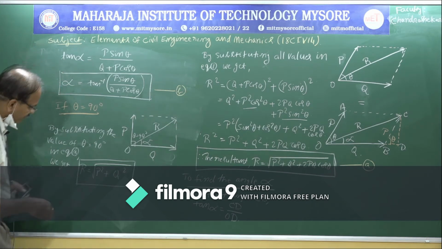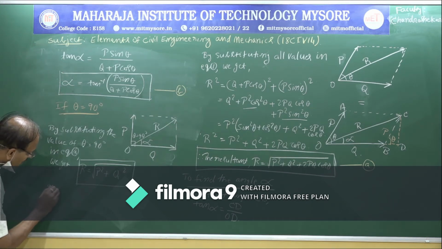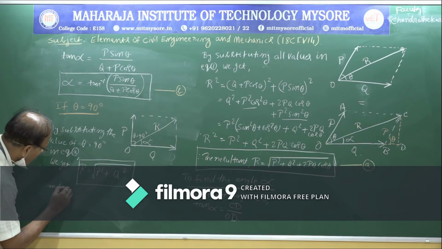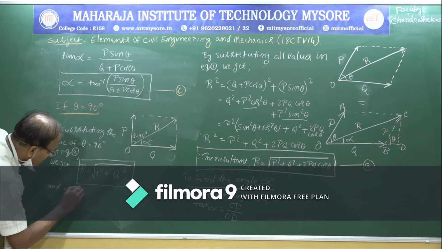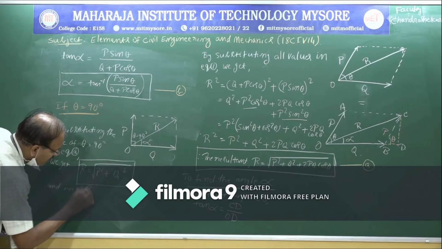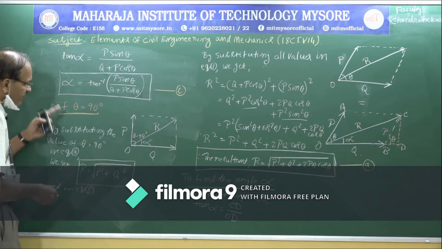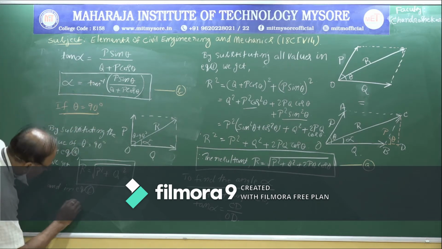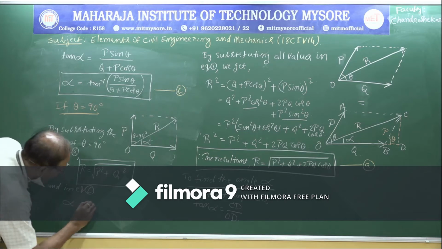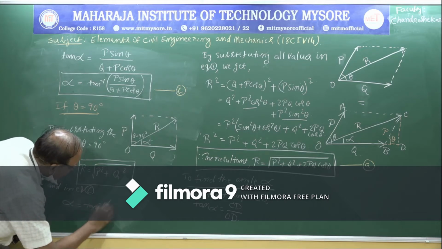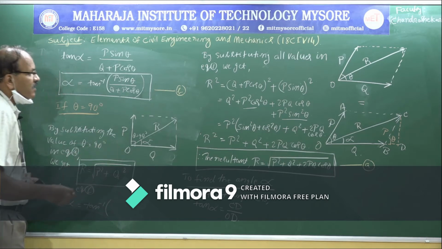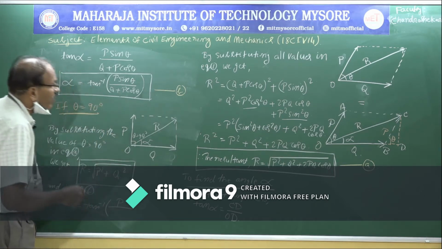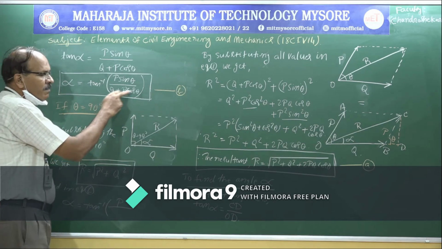And in equation B, that is by substituting the value of theta equal to 90 degree in equation B, we get alpha equal to tan inverse of P sin theta. P sin 90 is P because sin 90 equal to 1, Q plus P cos theta.